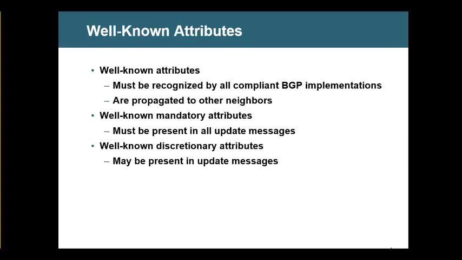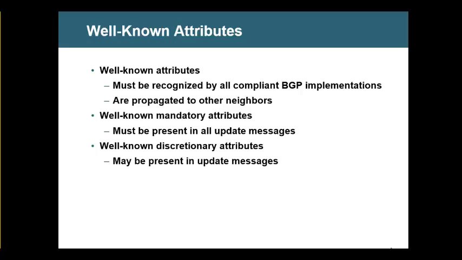A well-known discretionary attribute may be present. Though it is well known, it may be present. If the sender didn't send it, then it can't be seen, no? So, though it is popular, there is an option to send or not to send. Those attributes are called well-known discretionary attributes. It is well known, but the sender is not willing to send. So when I receive the update, it is still valid because it is not a mandatory attribute.